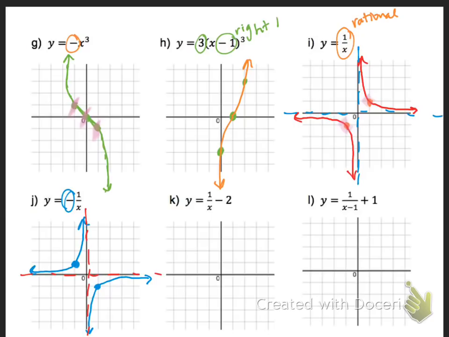Okay, so for the next one, let's talk about K. The only transformation is it looks exactly like the original, but it is going down 2 units. So imagine shifting. So we've got our 2 dots. Imagine shifting those down 2. So here and here. I'm going to be grading these 2 dots right here. But another way to think about it is that your dashed lines start out at 0, 0, like the intersection of your asymptotes.